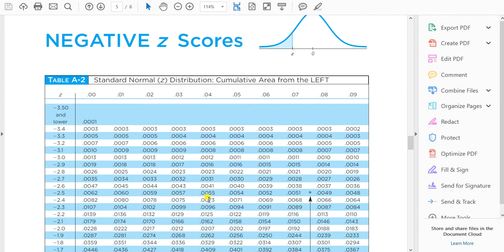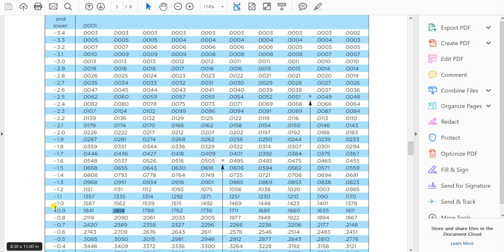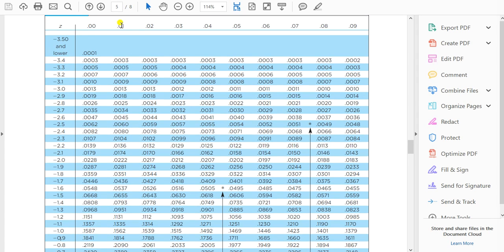So if I go down here, minus 0.9 is this row, and 0.914 is between 0.91 and 0.92, which is these two here.